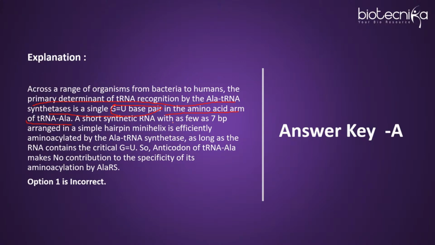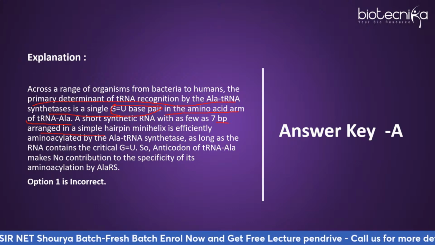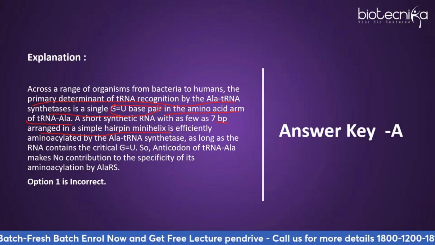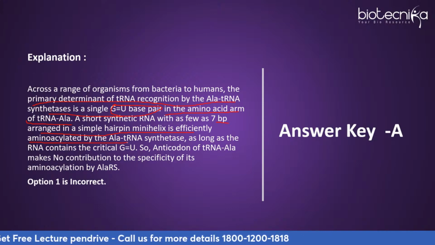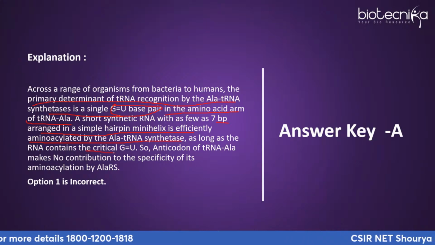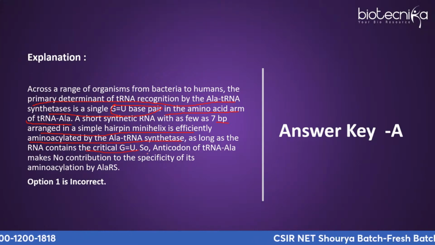A short synthetic RNA with as few as 7 base pairs arranged in a simple hairpin mini helix is efficiently amino acylated by alanine tRNA synthetases as long as this RNA contains the critical GU sequence, right?